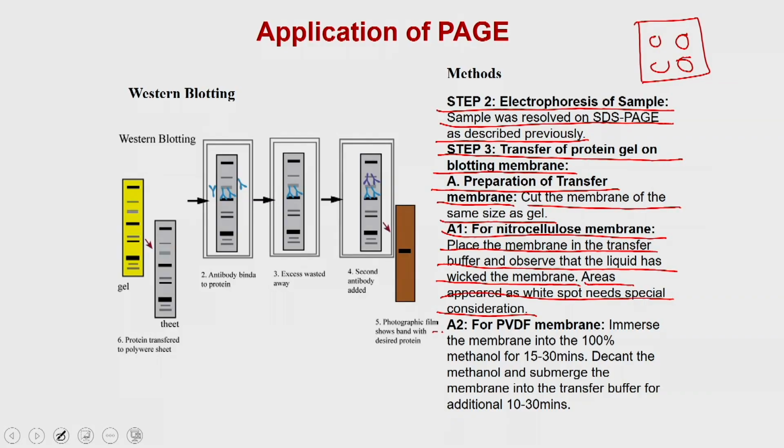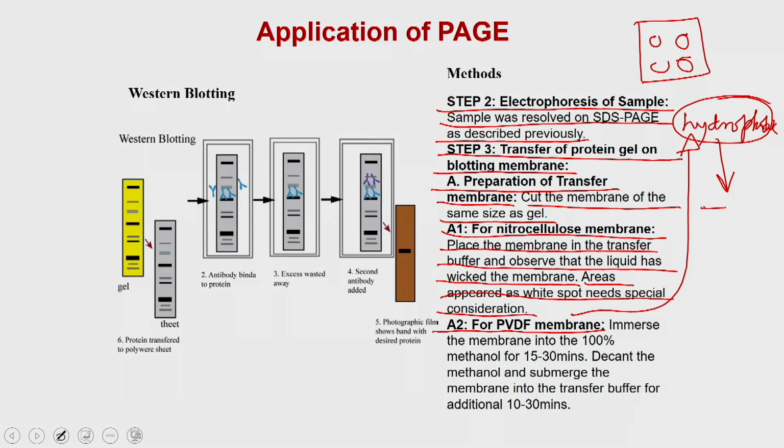If you are using a PVDF membrane, PVDF membranes are hydrophobic, which means they do not like water. So hydrophobic membranes need to be converted into hydrophilic membranes, so that they will catch and bind your protein.